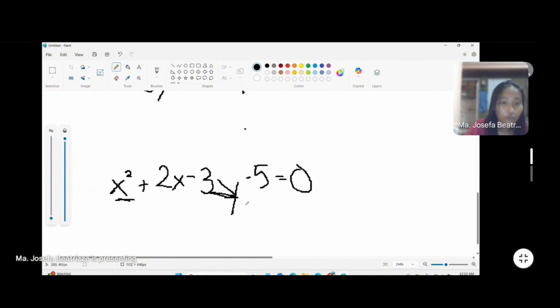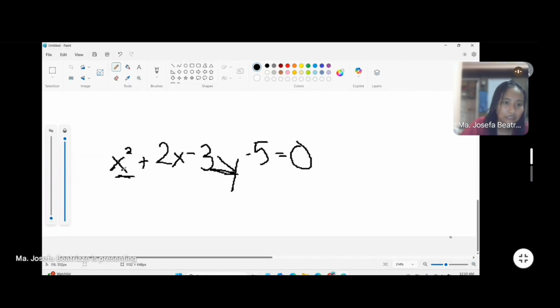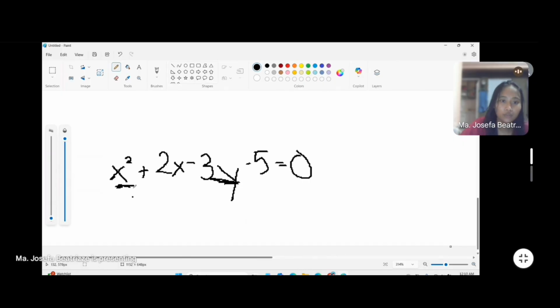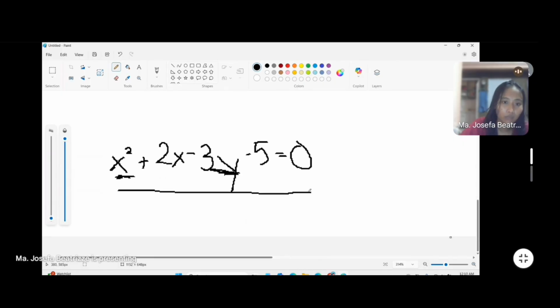Okay, so next are the things that we should consider in identifying a parabola. First, it should have only one squared term. And the second one is it should have two variables. So our equation here is definitely a parabola since it has two variables, which are x and y, and one squared term only, which is the x variable.